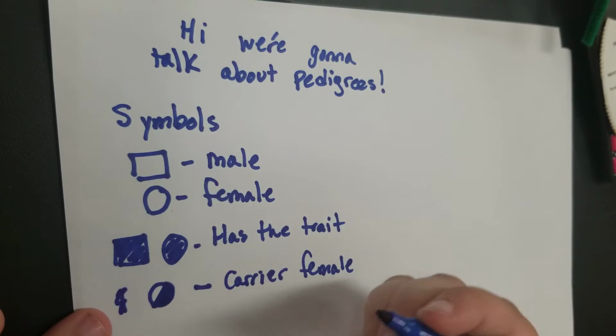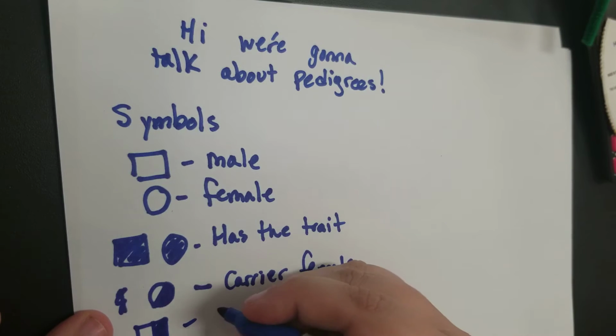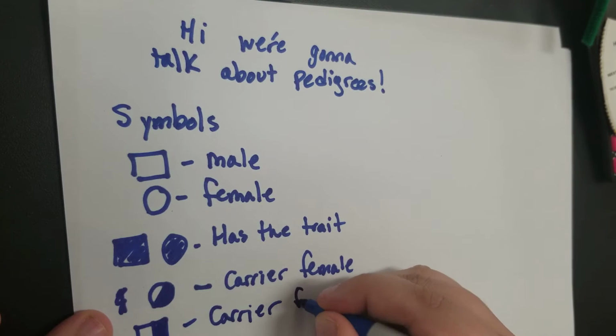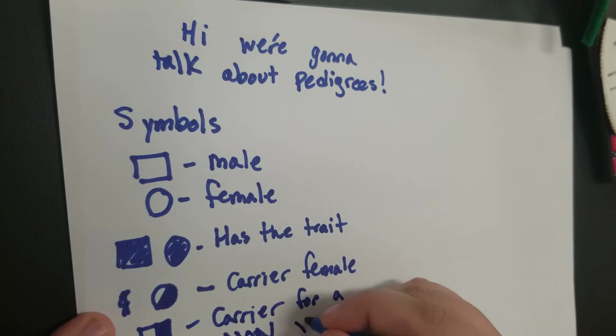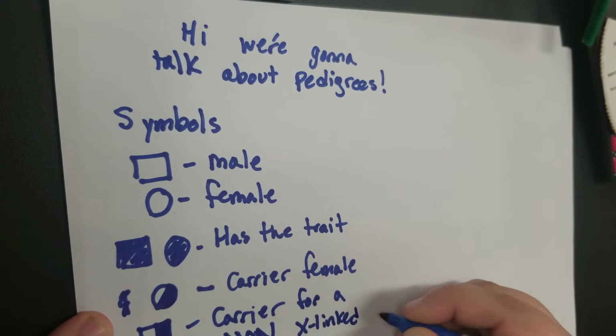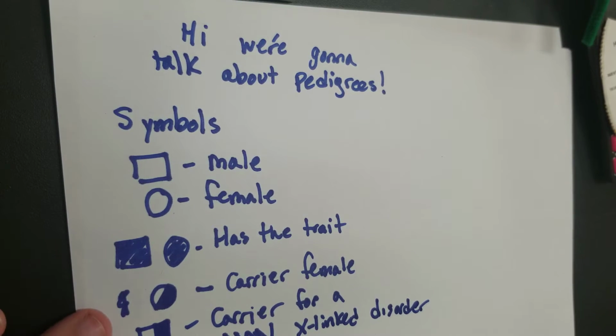If we see a male that is shaded in, then he is a carrier for a non-X-linked disorder. Remember, the males cannot be carriers for an X-linked disorder because he only has one X chromosome. So he would either have it or not.